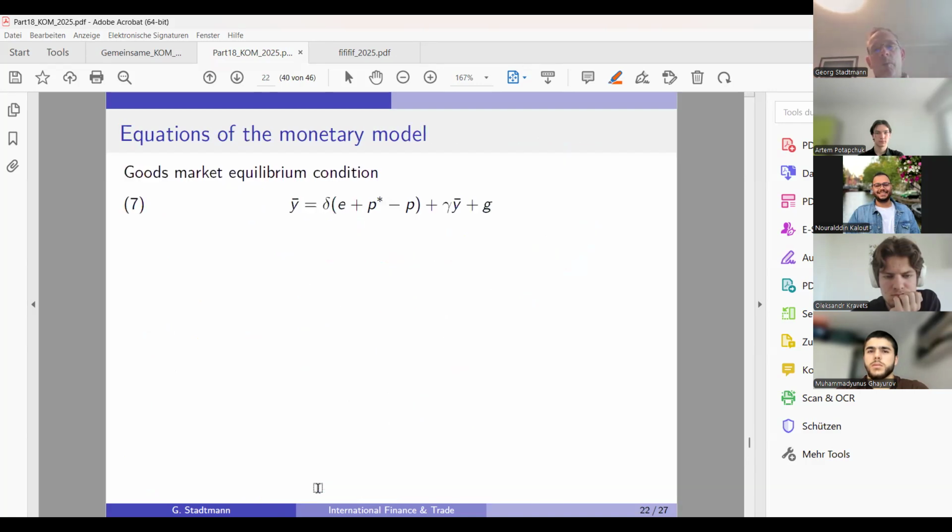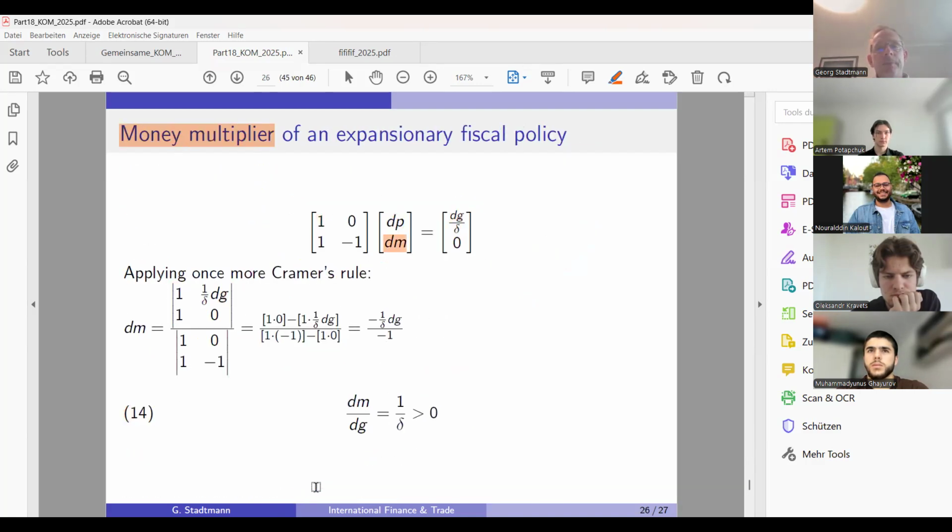So let's check whether we can confirm that. Money supply is located on the second position. So we should take the information from the solution vector, insert this information into the second position, so that we find the information here from the solution vector. We want to compute the money multiplier.